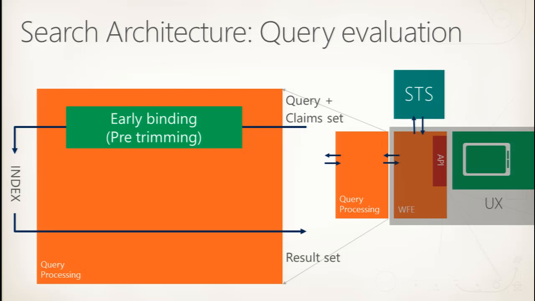In addition to doing the pre-trimming based on the standard security model from Documentum, the flat allow-deny security model, we can also, when TCS is enabled, apply post-trimming based on the TCS security model, the all groups, any groups. So for the results that we have unlocked with the early binding, we return that from the index into the post-trimmer, and then we can actually reduce that result set. So we first unlock the content based on the allow-deny settings, and then we do the TCS step, and we reduce the result set and show only the content that the user is allowed to see.